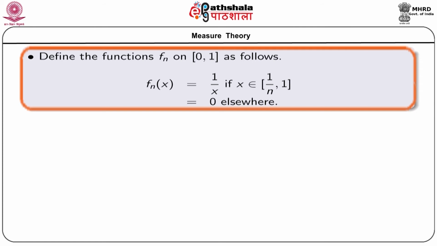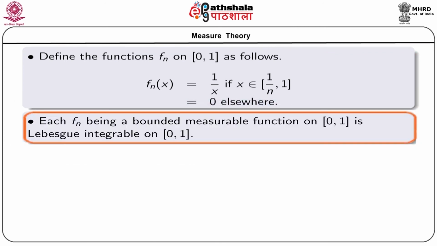Suppose the function f_n on closed [0,1] is given by f_n(x) equal to 1 by x if x belongs to closed [1/n, 1] and 0 elsewhere. Now, each f_n is a bounded measurable function on closed [0,1], and we know that it is Lebesgue integrable on closed [0,1] from our discussions in chapter 5.